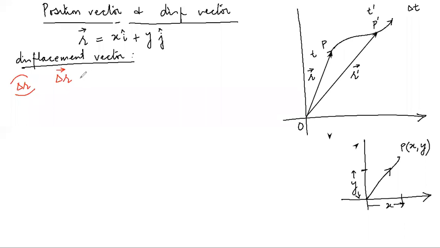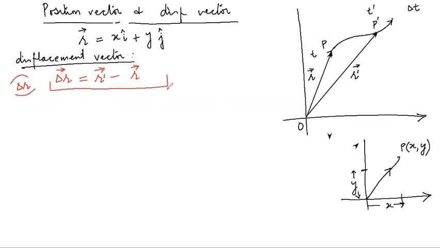Displacement vector delta R is defined as the position vector indicating final position minus the position vector indicating initial position. In very simple terms, for any particle moving from one point to another point, the displacement vector is the difference of the vector which represents the final position minus the position vector at the initial position.